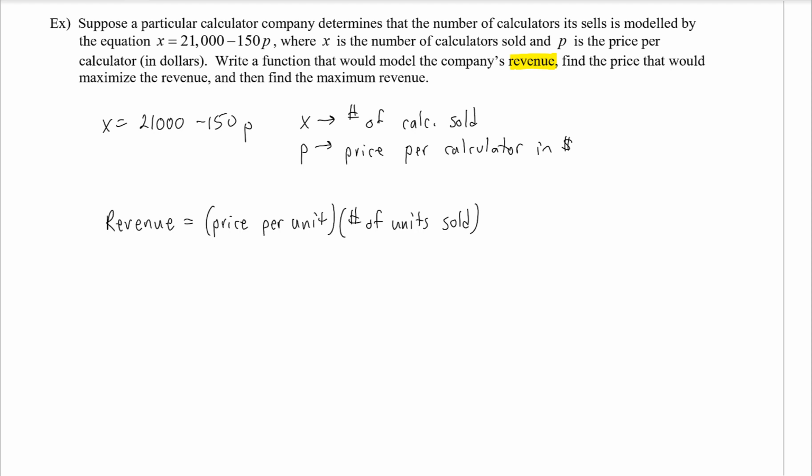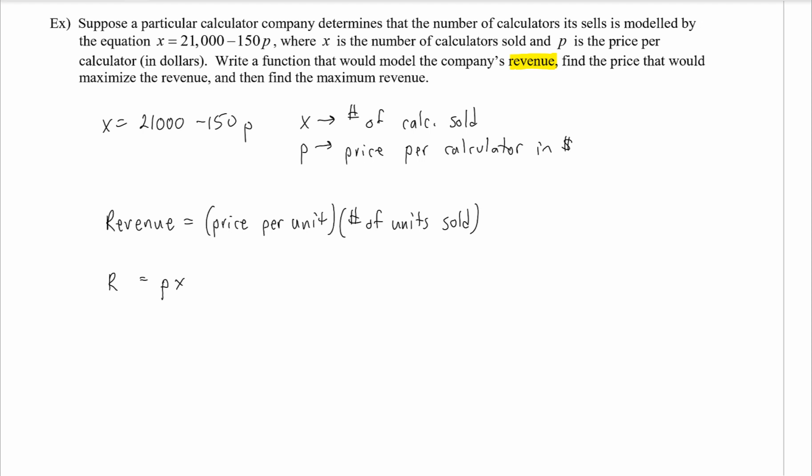Let's let revenue be capital R. So price per unit, that's P, times number sold, that's X, right? Well, right now, R would equal PX. That's 3 variables. Ugh, I don't want to do anything with 3 variables. Let's see if we can get that down to 2 variables.